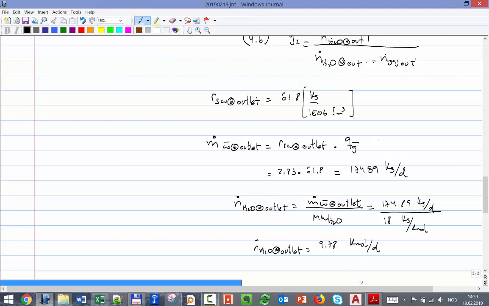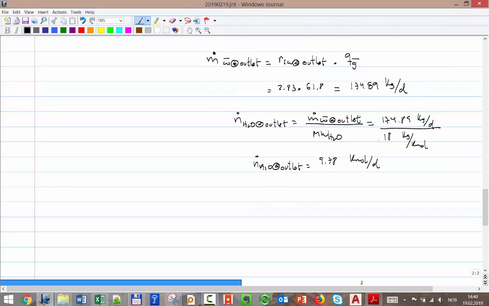How do I now find the fraction of water at the exit? How do I find Y1? Y1 is simply the number of moles of water at the outlet divided by the number of moles of water at the outlet plus the number of moles of gas at the outlet.